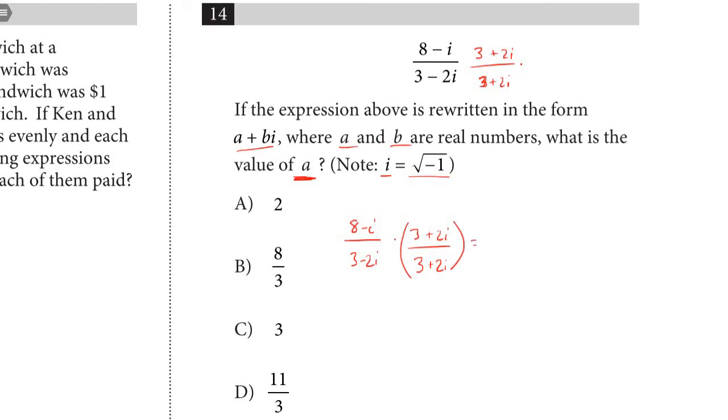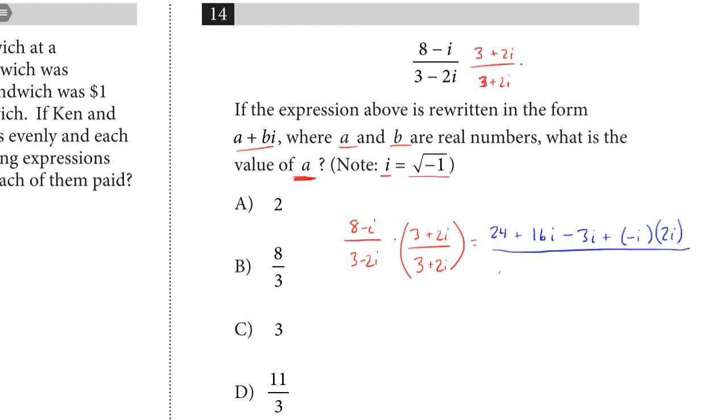Okay? Now that's going to give us 24 plus 16i minus 3i plus negative i times 2i, all of that divided by, and I'm just foiling this out, right, 3 minus 2i times 3 plus 2i.